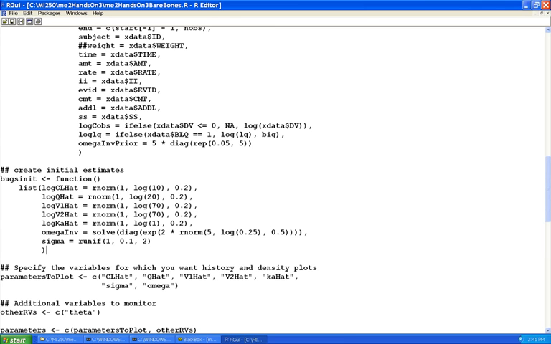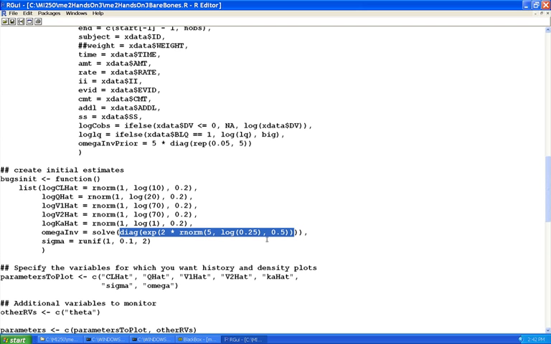So in this case, as a simple estimator, I just used a diagonal matrix where the central tendency is going to be 0.25 for each diagonal element, but then I put some random variation in it to have some different starting points, and to do that I generated those all from log normal distributions.